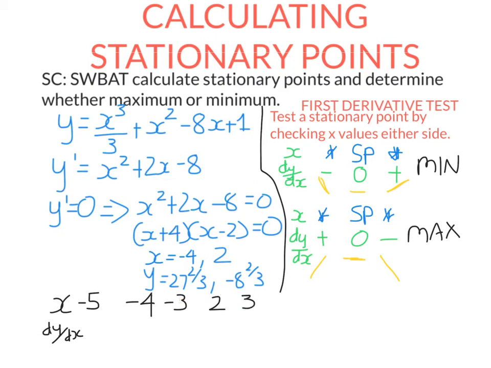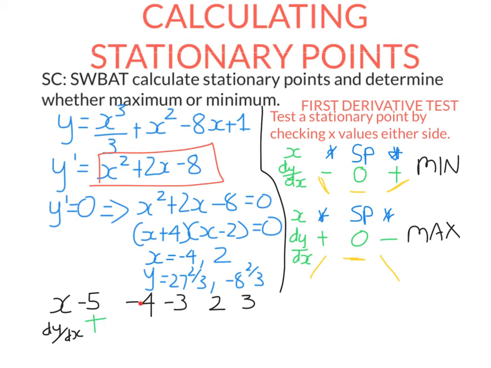So let's calculate the gradient at each of these points. To calculate the gradient, I just sub the value into this gradient function here. So if x equals -5 and I substitute that into here, I actually get 25 minus 10 minus 8. I get a positive value.